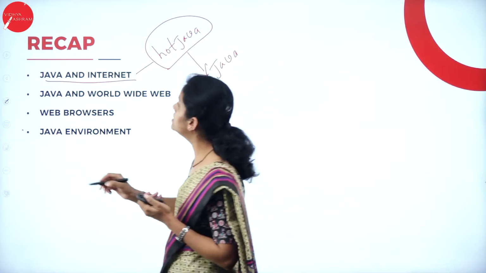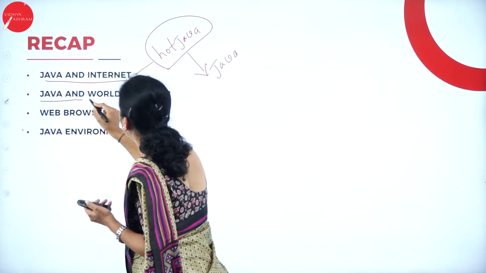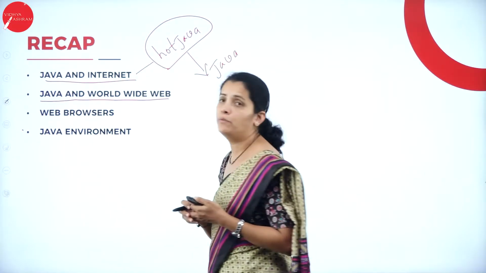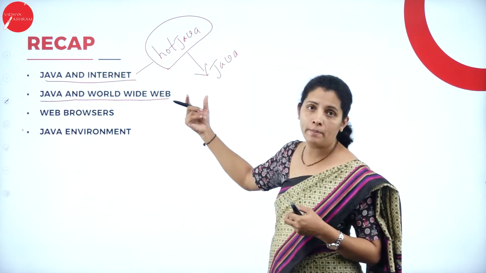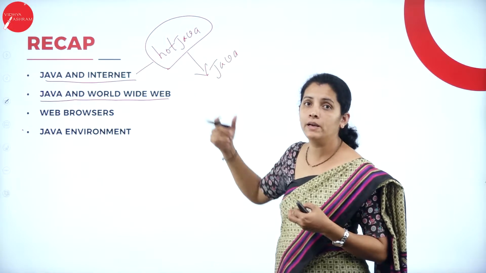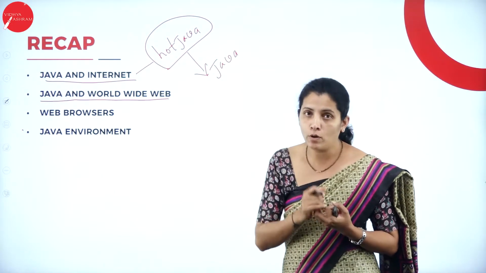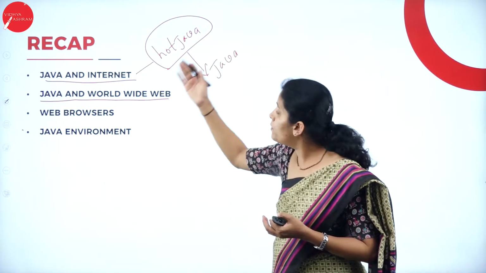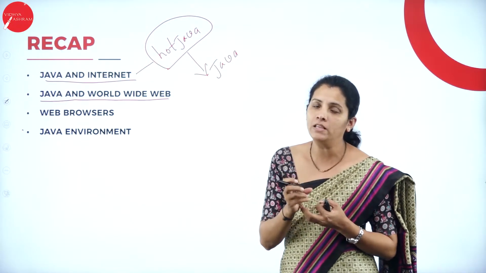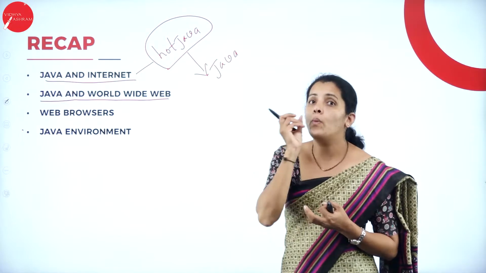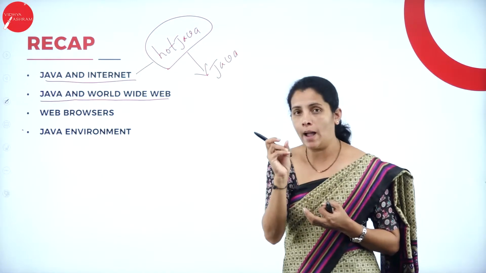Then we had discussion regarding Java and World Wide Web. So what is World Wide Web? Here World Wide Web is nothing but the repository. So this repository includes a huge number of web pages. Once again, the web page includes applets.